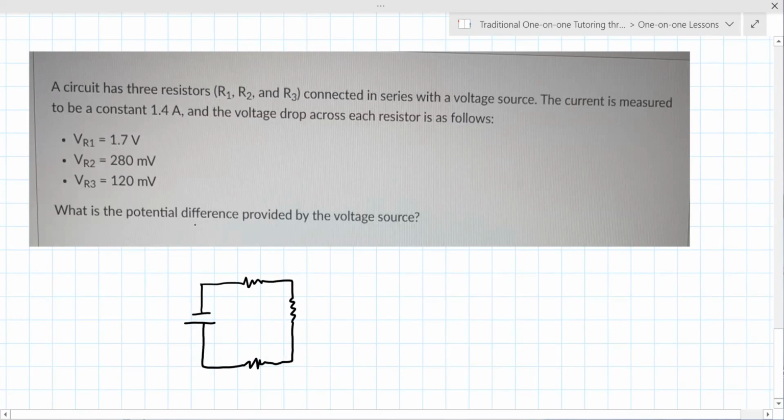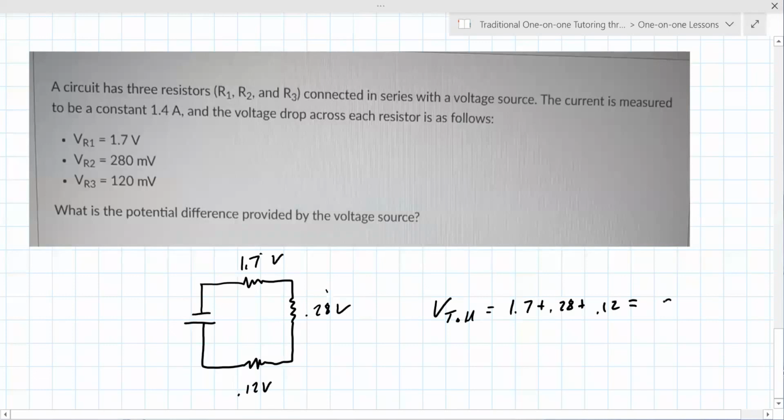They're saying the voltage across resistor 1 is 1.7, this one is 0.28 volts, and 0.12 volts. The total voltage in the circuit is the sum of the individual ones. So 1.7 plus 0.28 plus 0.12, and that's where you get your 2.1 volts.